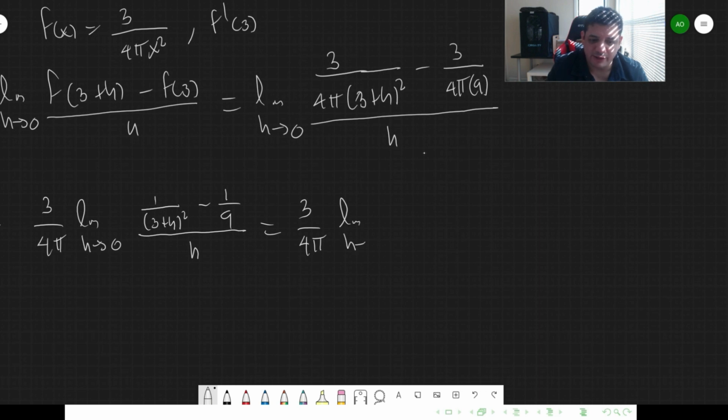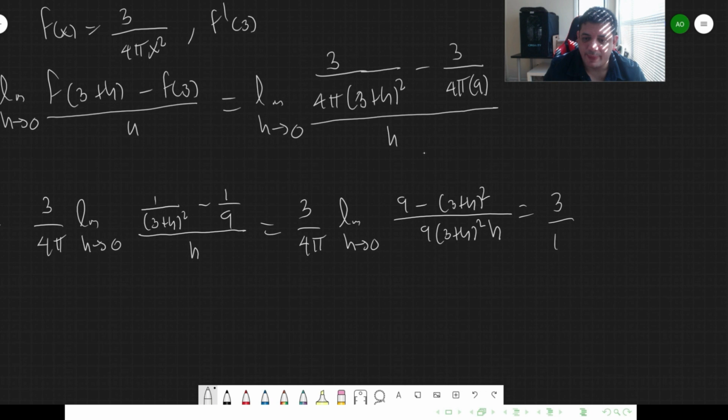Now I do exactly the same thing that I did before. This is going to be 9 minus (3 plus h) squared over 9 times (3 plus h) squared, and this is going to go over h, right? So immediately I'm going to skip a step and put the h right away in here, since that's not going to make a difference. Normally we'd be putting a 1 in here. Now this is the part where I open the squares.